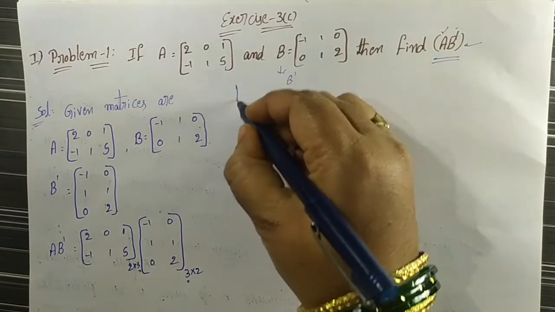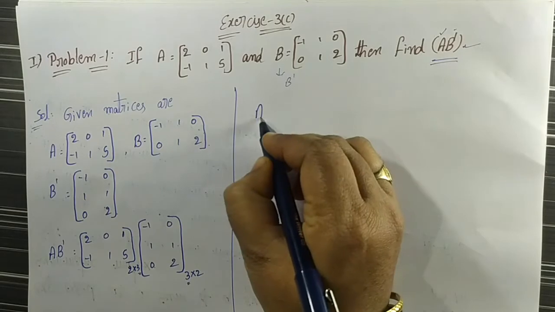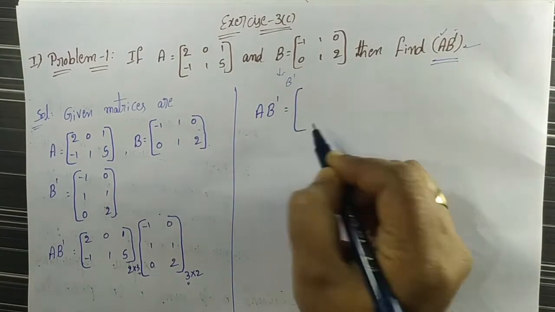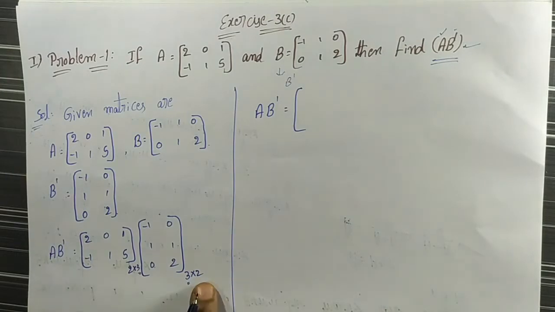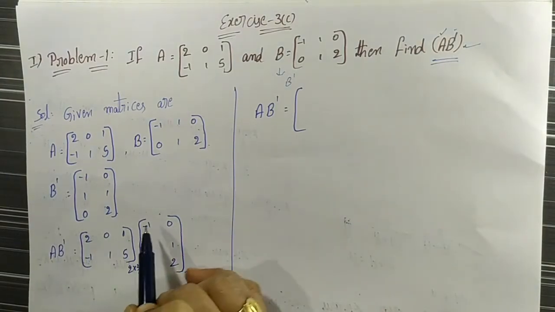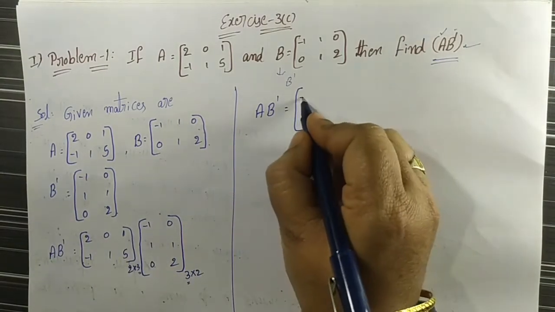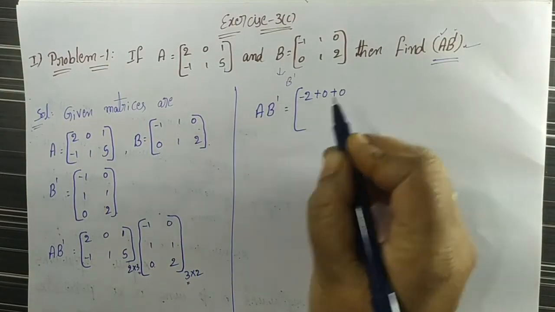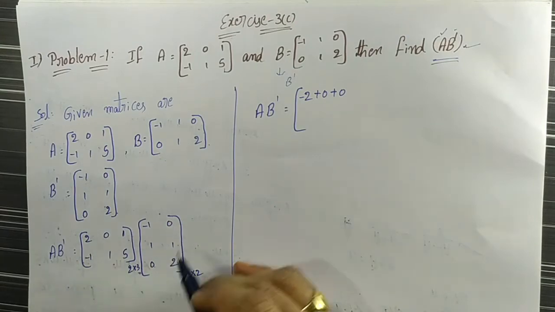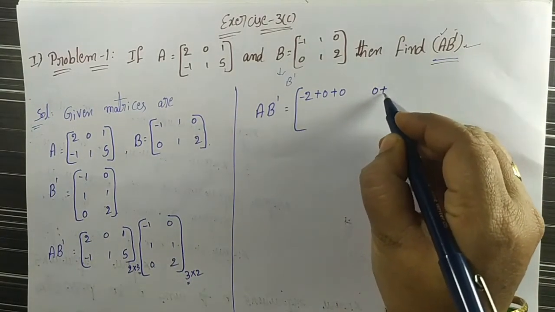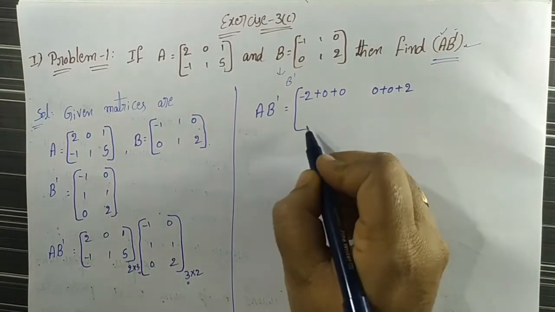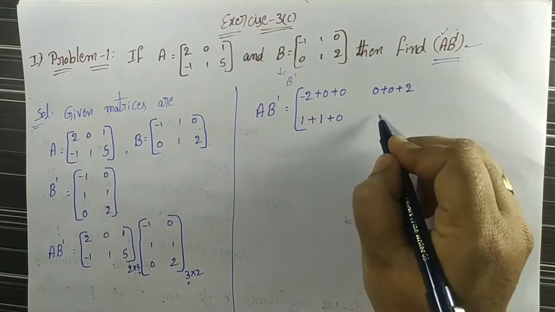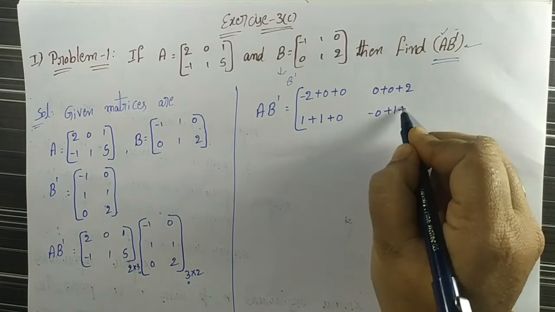Then the product AB' is equal to, the resulting matrix order is 2 by 2. First row, first column: 2 into minus 1, minus 2, plus 0 plus 0. First row, second column: 0 plus 0 plus 2. Second row, first column: 1 plus 1 plus 0. Second row, second column: 0 plus 1 plus 10.